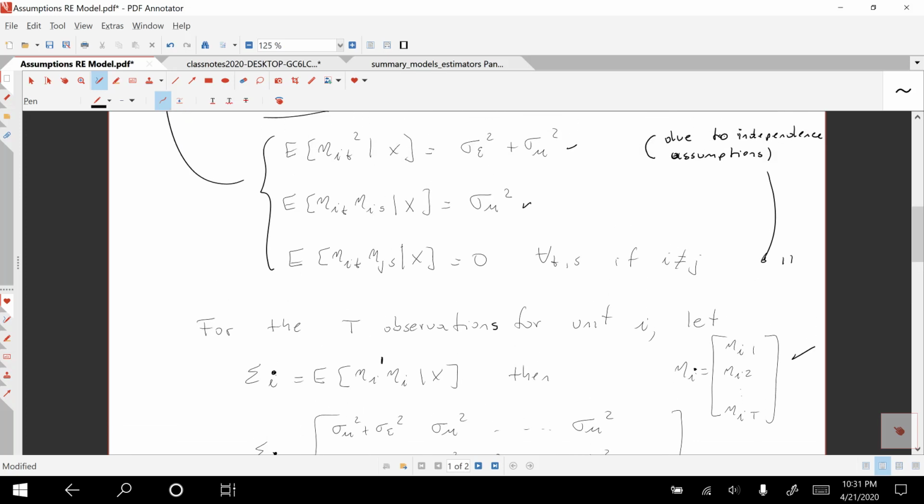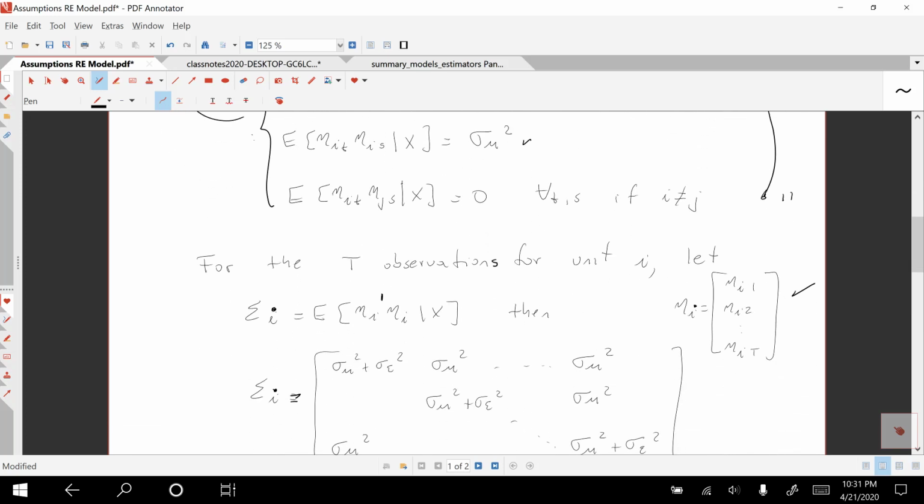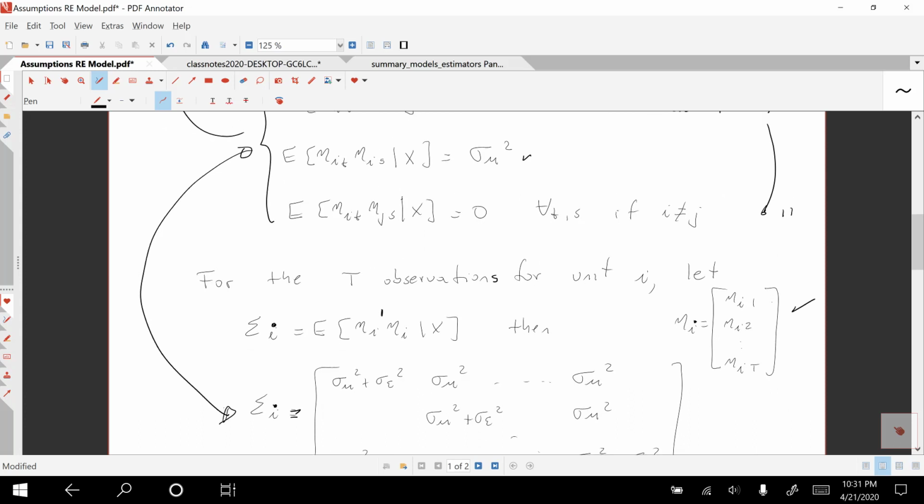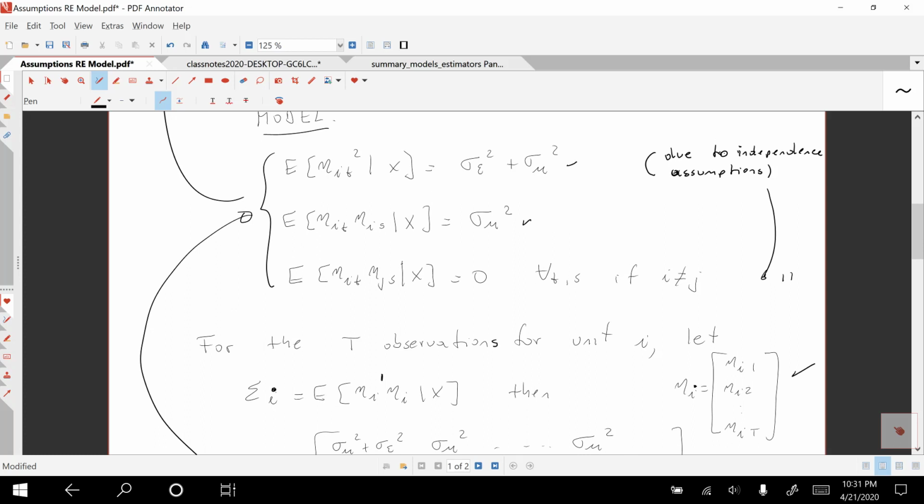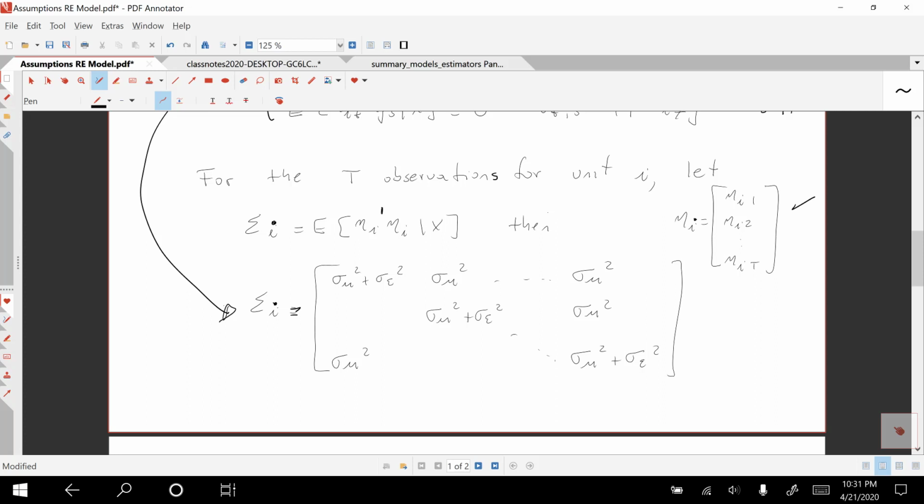This is based on this result here, because the variance is what we have in the diagonal, and off the diagonal we have those correlations, which are given by the variance of the individual level error. That's reflected in this omega i matrix.